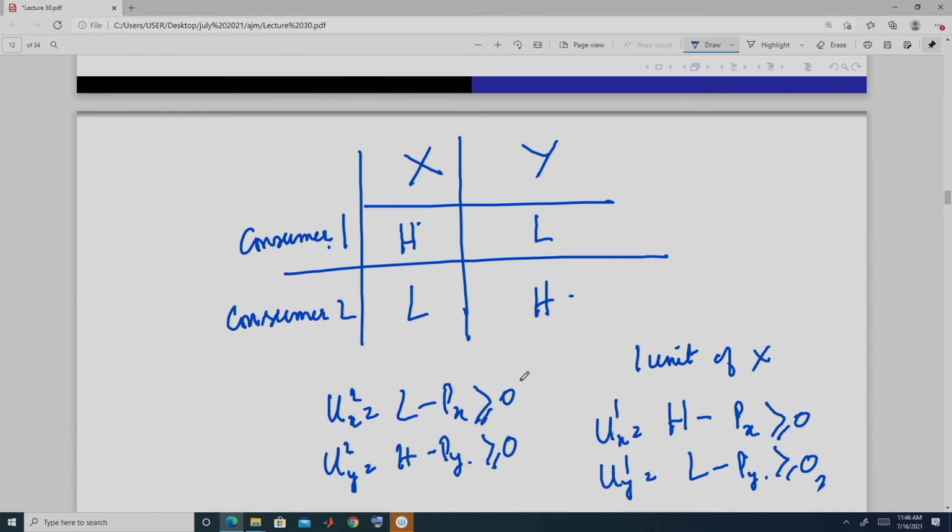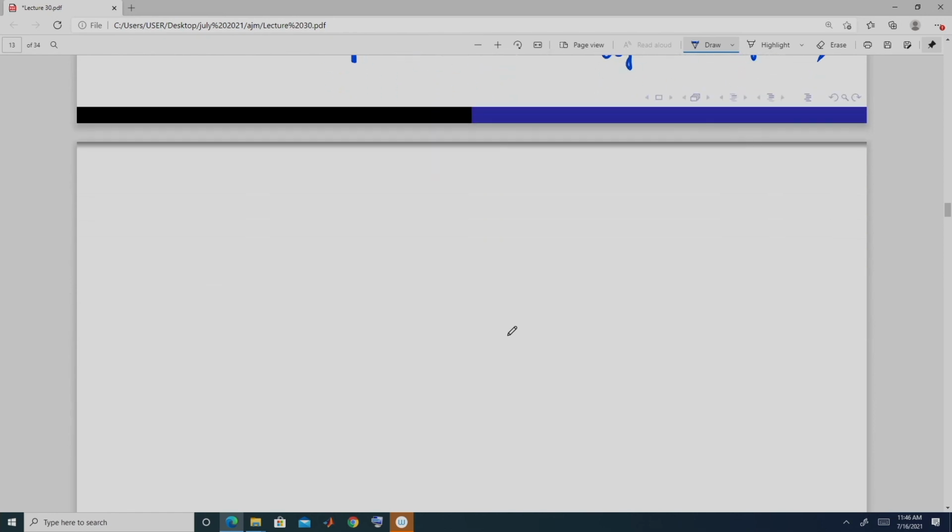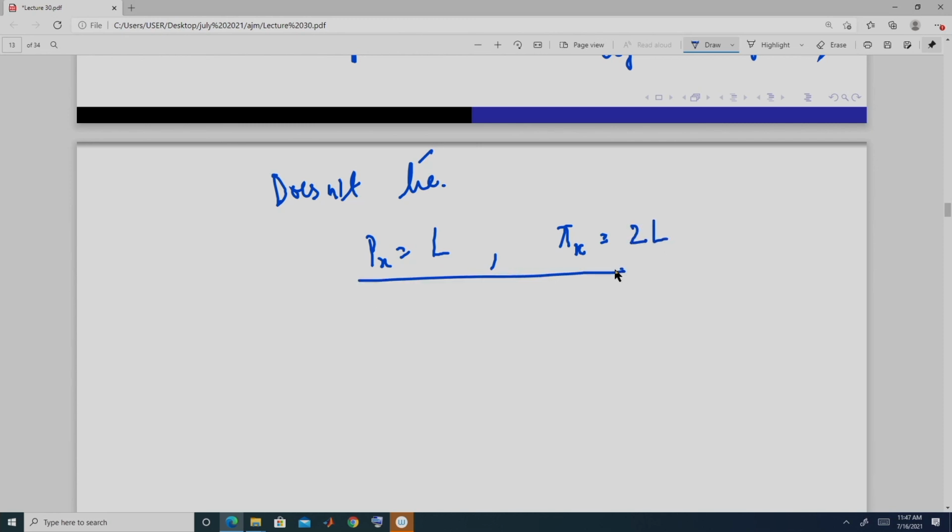Now, how does the monopolist price this good? It has many strategies. Suppose it does not tie the product. Then Px it can charge L. If it charges L, then because it is a monopolist and both consumers can buy, it will have profit 2L. This is one possibility.